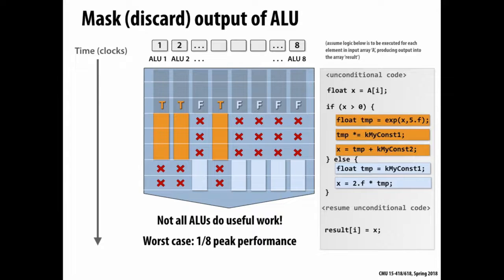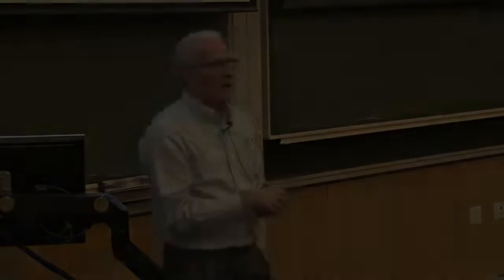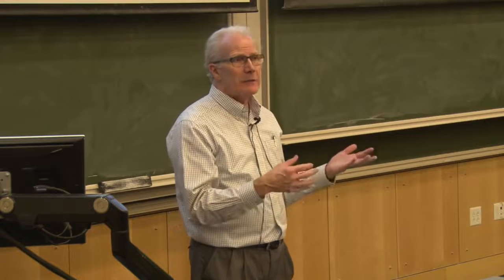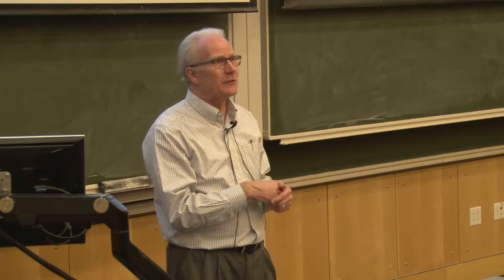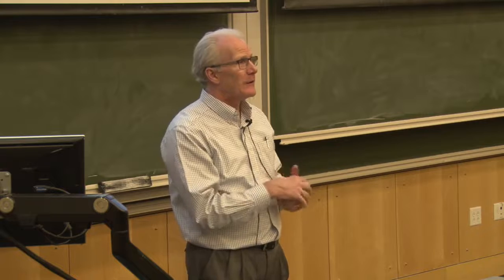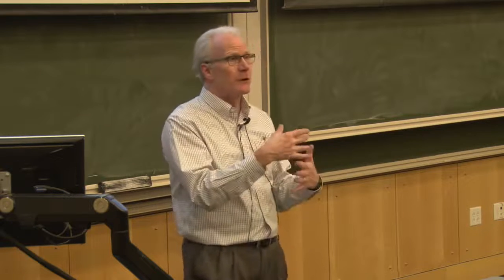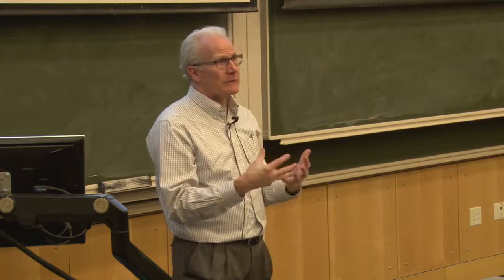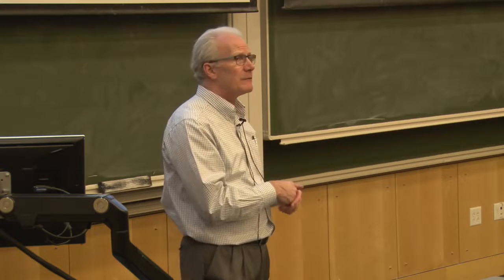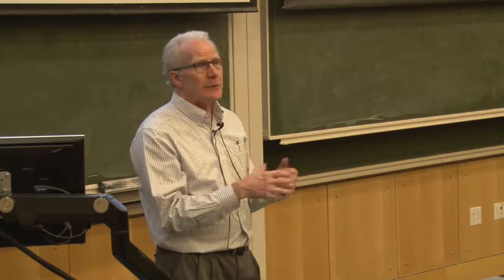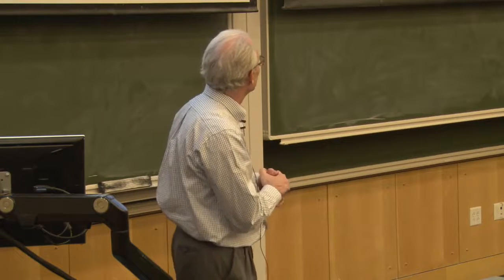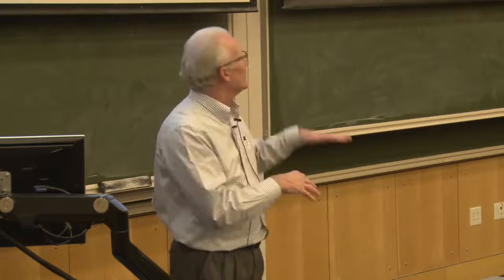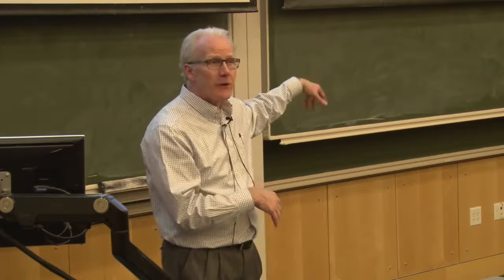And of course, the problem you can see is that at best, I'm only going to get sort of 50% efficiency out of this. If I have a two-way branch and they're roughly equal, computation has to be performed on each side of the branch, because roughly half of the ALUs will be idle on any given operation. And in the worst case, of course, if all of them are true, then I don't have to do the false step.